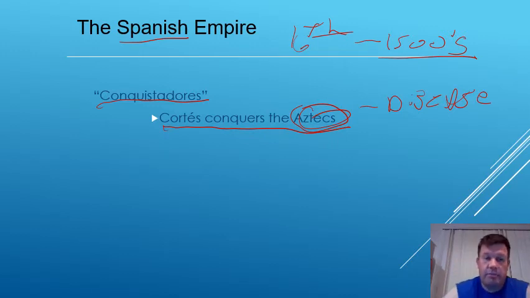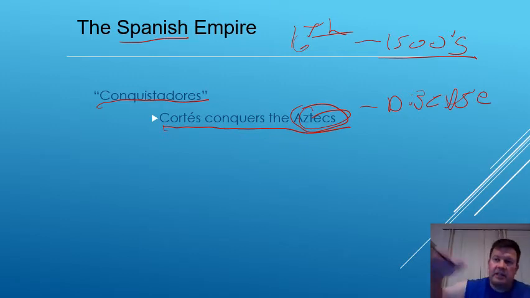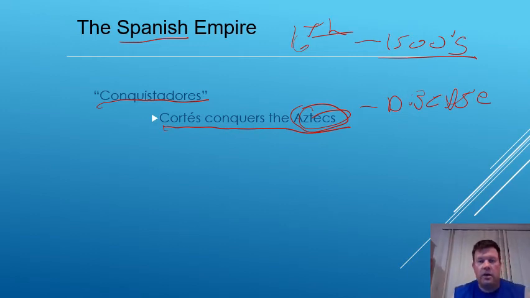Other explorers like Pizarro in Peru, who conquers the Incas and gets loads and loads of silver, end up dominating that region.